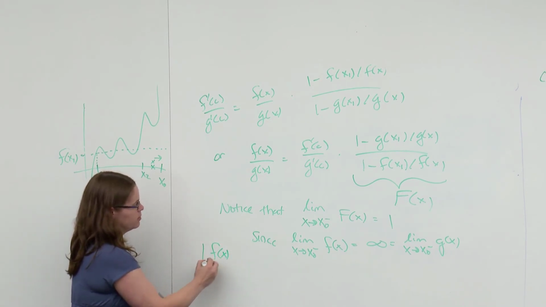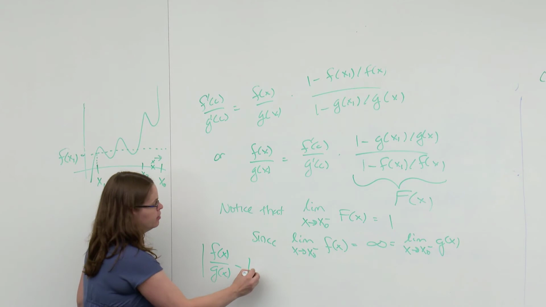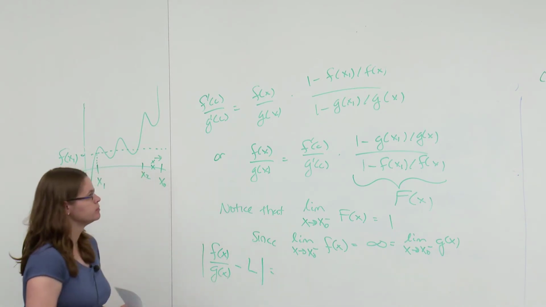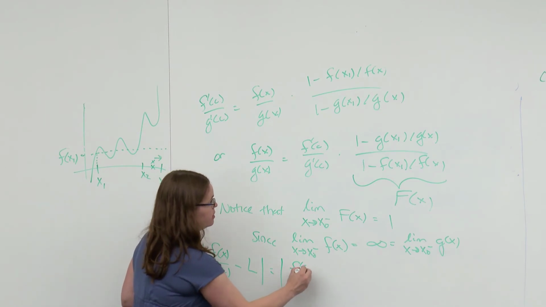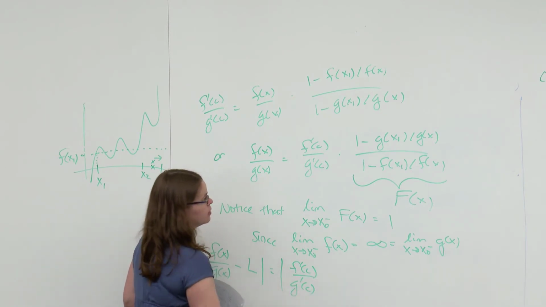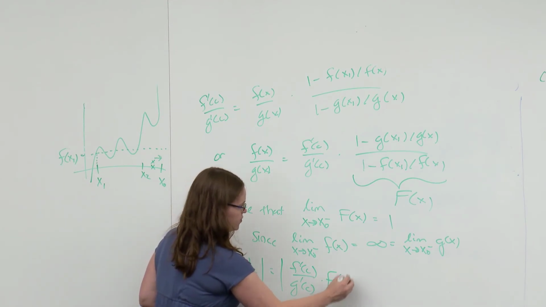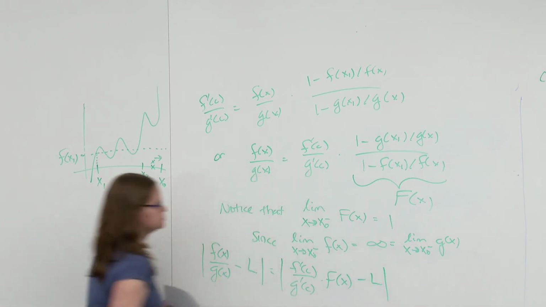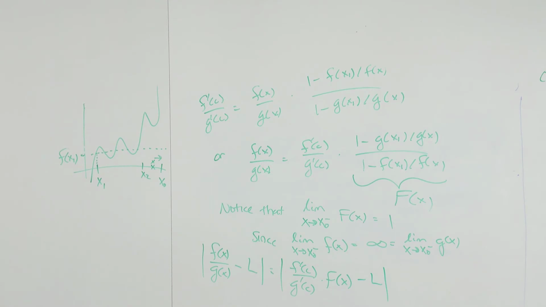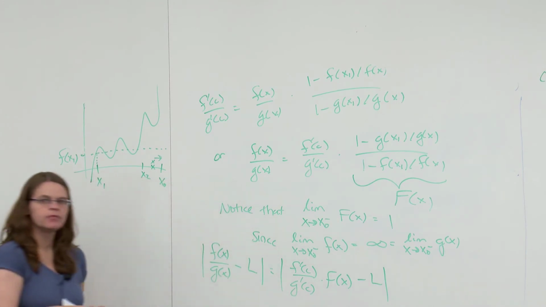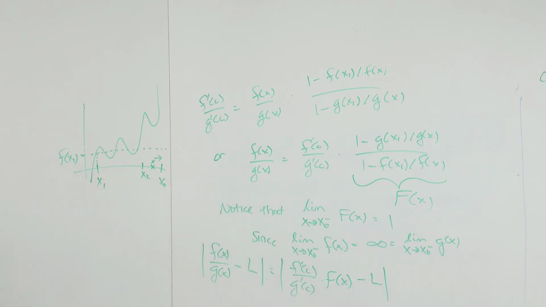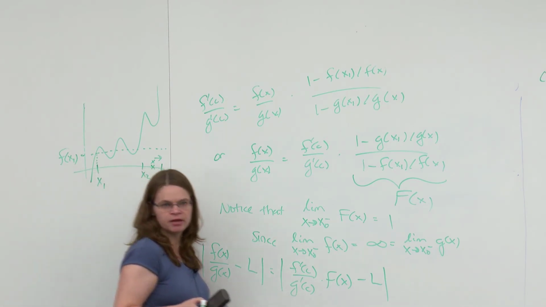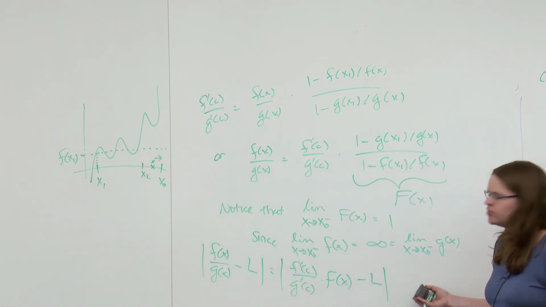So f of x over g of x minus L is f prime of c over g prime of c times capital F of x, minus L. And I'm going to use the mathematician's favorite trick of adding 0 to things and try to break this up into pieces that are really easy to estimate and to keep small, because we want this at the end of the day to be small.